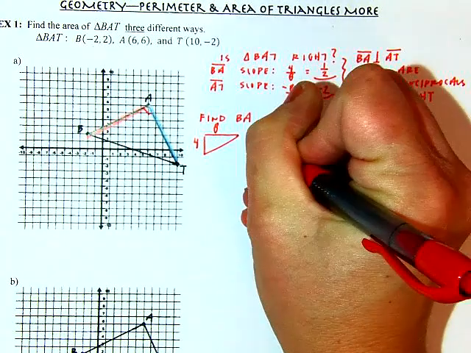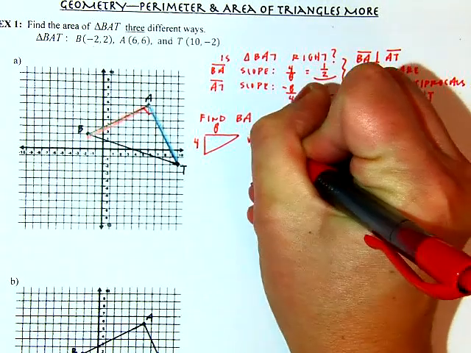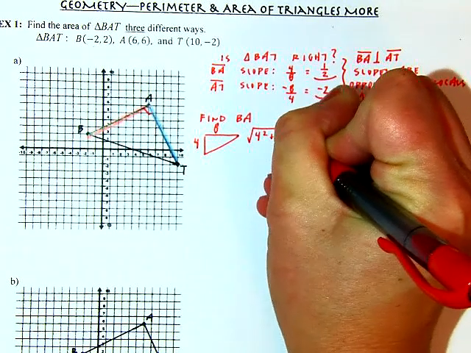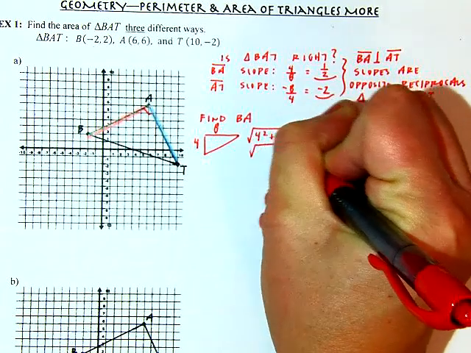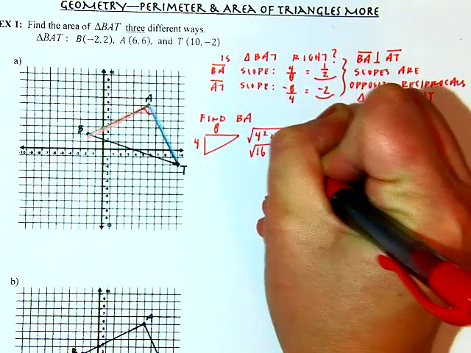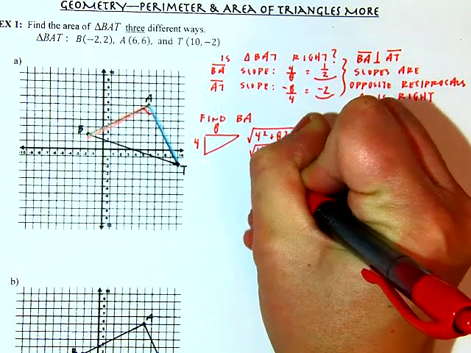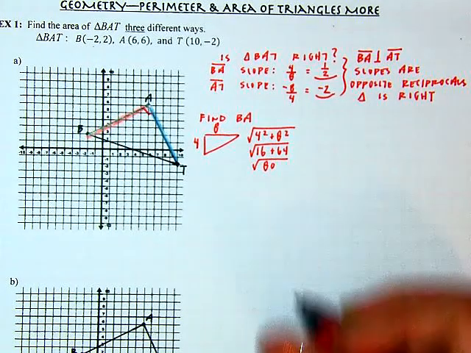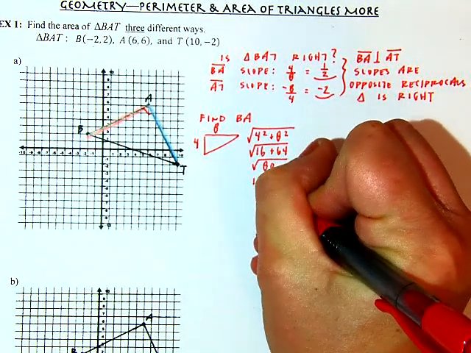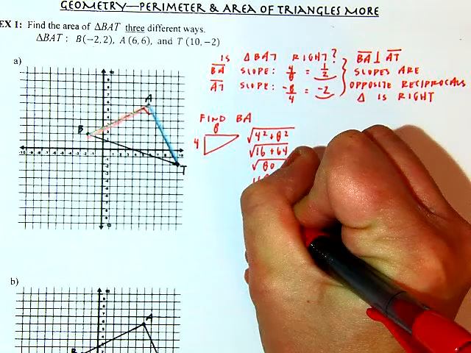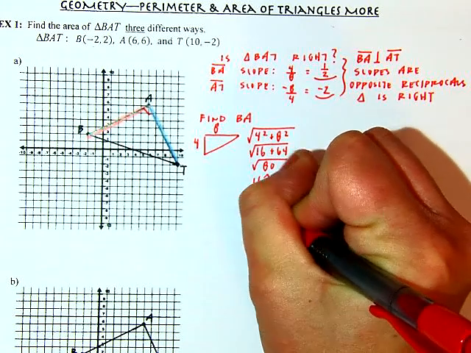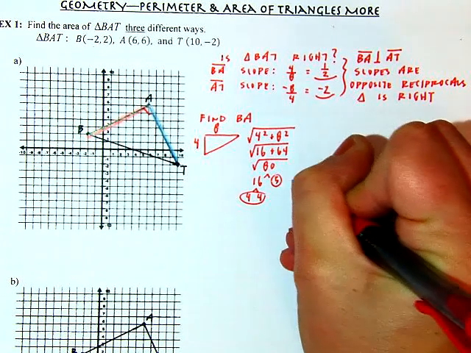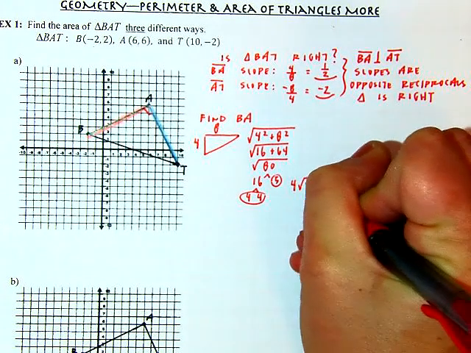So now I can do my big square root, 4 squared plus 8 squared. So 16 plus 64, which gets me 80. So I have the square root of 80, which I know is 16 times 5. And here's a beautiful pair of 4s. That 5 is going to stay behind. So BA is 4 root 5.